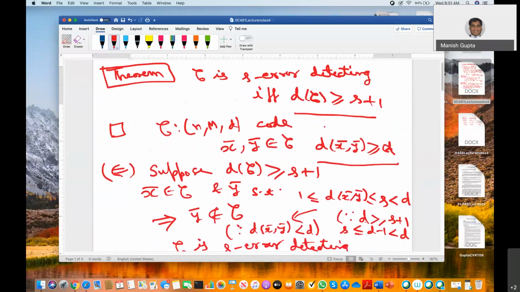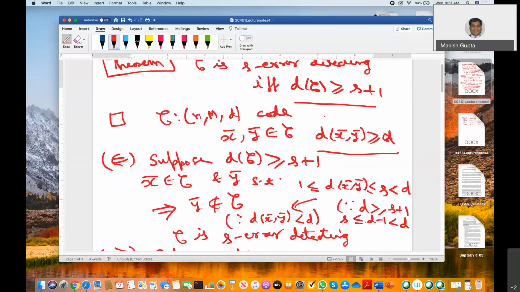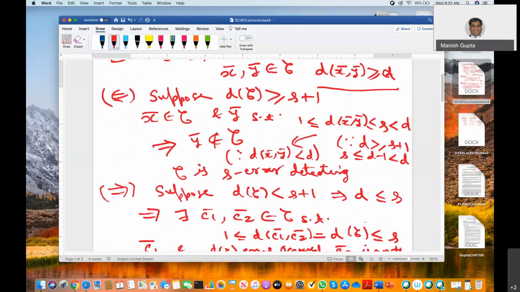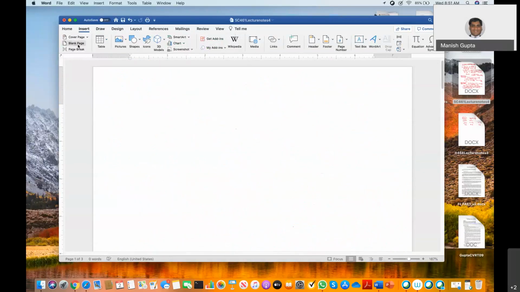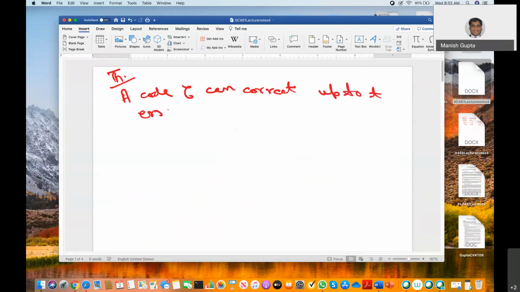Okay, now I think I can talk about the error correcting condition, and that's also very beautiful. This is a theorem: a code C can correct up to T errors in any code word if the minimum distance of C is at least 2T plus 1.